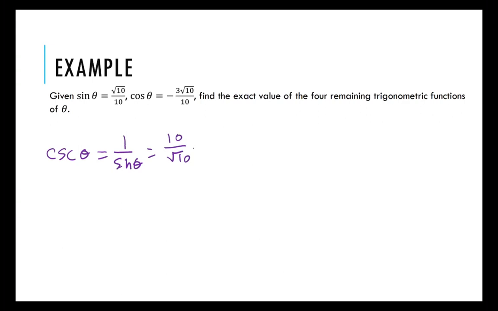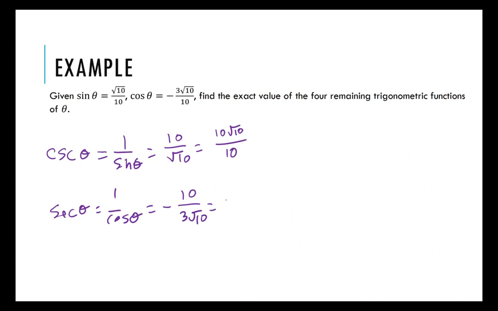If you need to rationalize, that's fine. It ends up being 10 root 10 divided by 10. And then, of course, because cosine of theta is equal to negative 3 root 10 over 10, then secant of theta, being 1 over cosine of theta, is going to be negative 10 over 3 root 10.